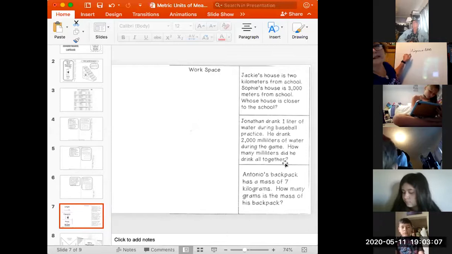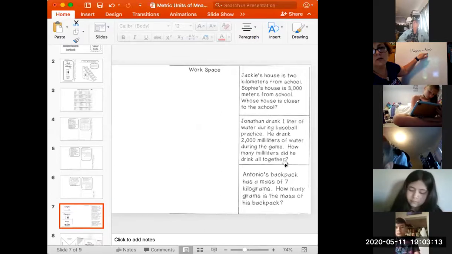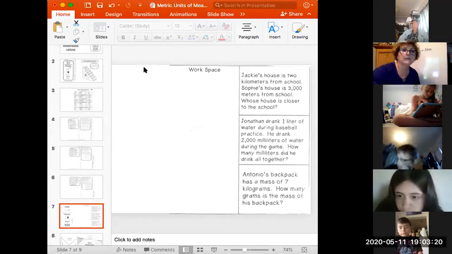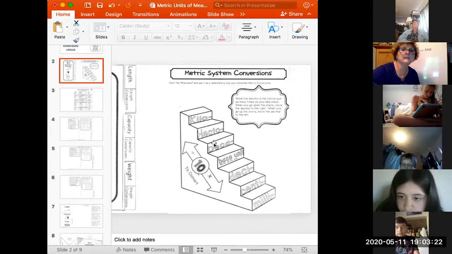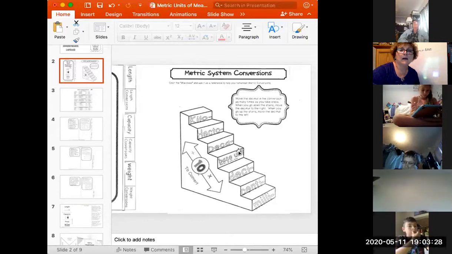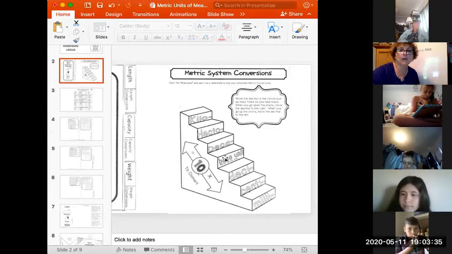Well, 1 kilogram is going to be equal to what? Remember when we look back at the chart, when we go up the scale, deca, it takes 10 of the grams to equal a decagram. It takes 100 of the grams to equal a hectogram.